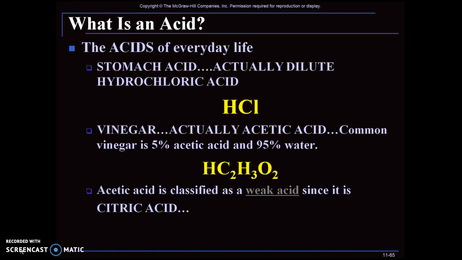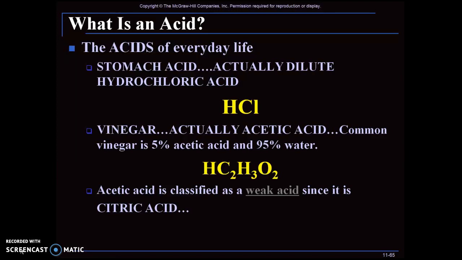What's an acid? The acid of everyday life, the stomach acid, is actually dilute hydrochloric acid, which is HCl. Vinegar is actually acetic acid. A common vinegar is 5% acetic acid and 95% water, and it's HC2H3O2.